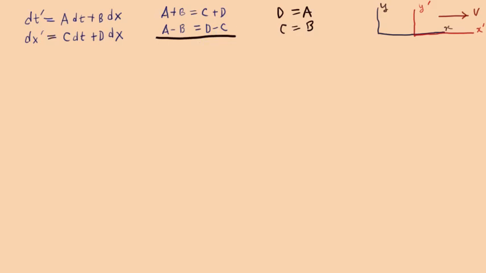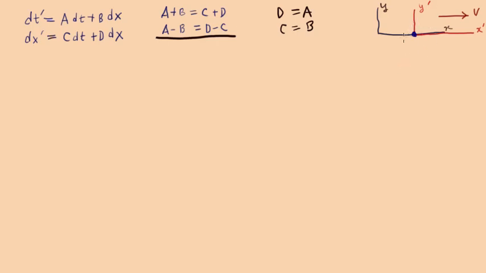We have one more observation we can make. The observation is that suppose that for example, you observe the origin of this red coordinate system, or any other fixed point in the primed reference system.